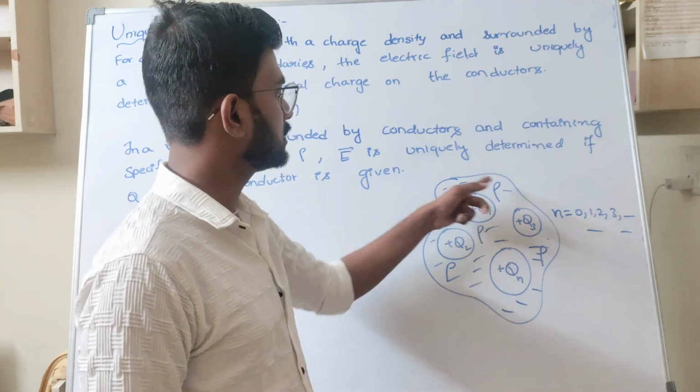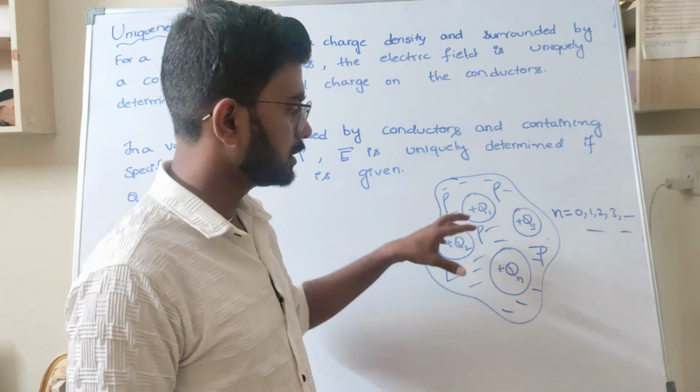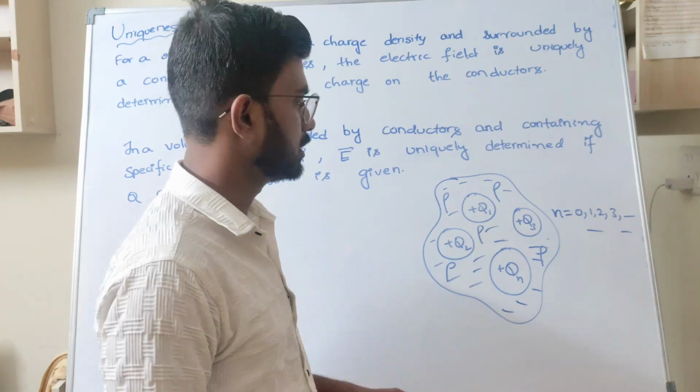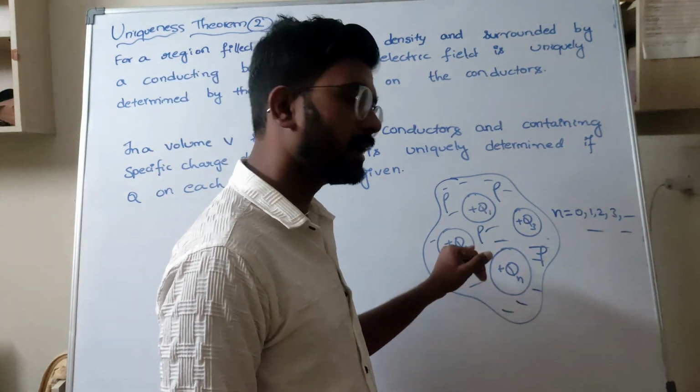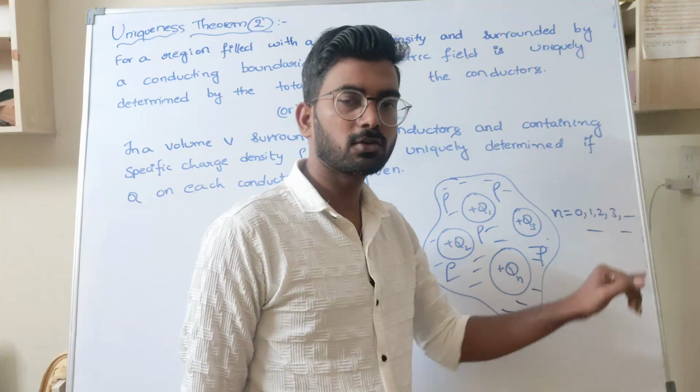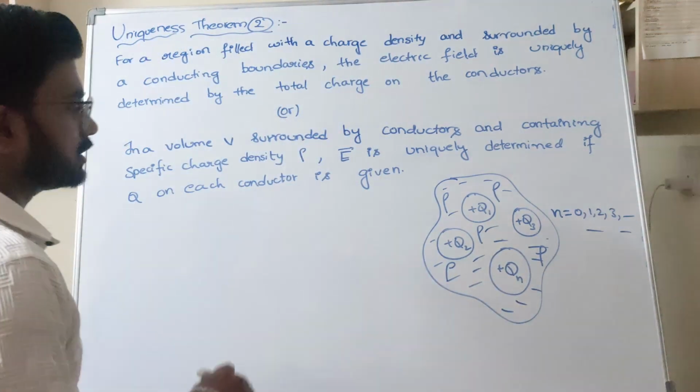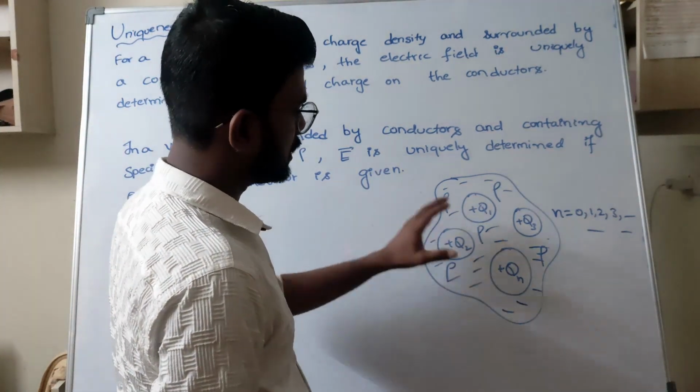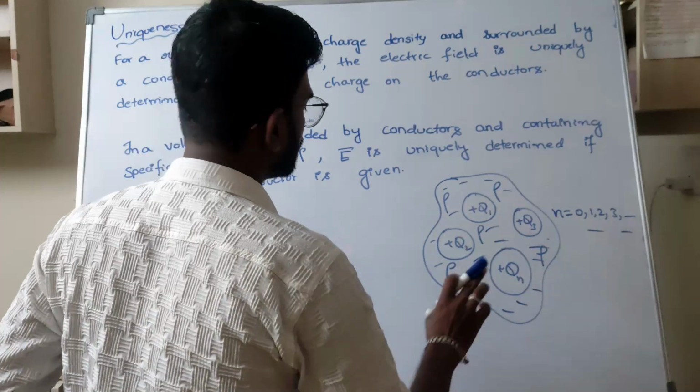Around these conductors there is a charge density rho, which means charges are present. Each of the n conductors has a charge q1, q2, q3, and so on, qn.